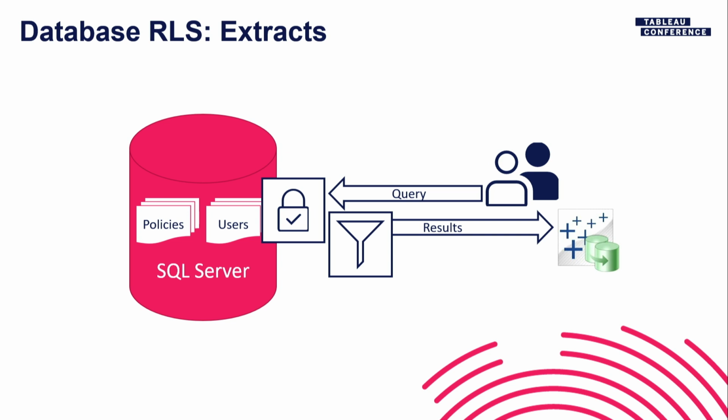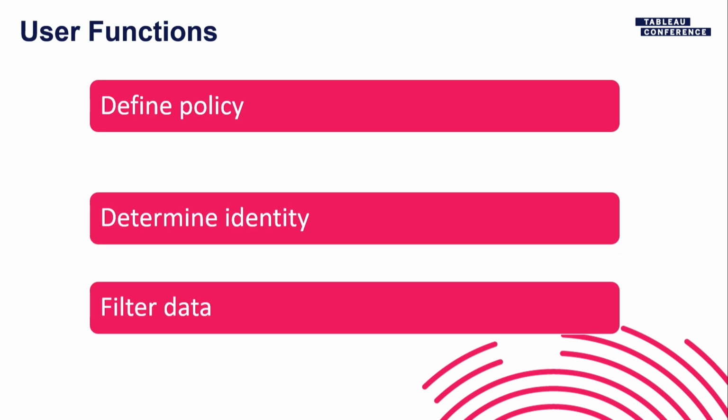And this may be fine. This may be exactly what you want. You want to just store your view of the data. The trouble can be when you want an extract that anyone can use, because now the security has already been applied, and there's an unsecured extract of just the data that you could see. So you really can't share that if you're using database RLS.